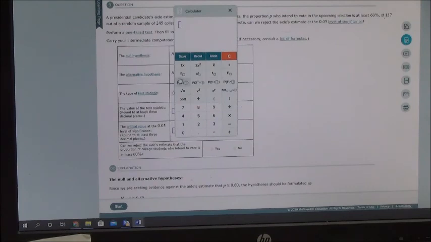We're using a 0.01 significance level, but because it's a two-tailed test, we have to divide it by 2. So our critical values are going to be plus or minus 2.576 when I round that off. We are then going to decide if we should accept the claim or not.